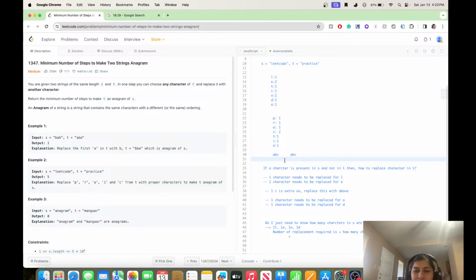What else? Because the length is same, do I need to do plus? Is this the only formula? Do I only need to know how many characters in S are missing in T? So what if S is ABC and this one is ABP, then since C is not here, I'll just have to replace this one.